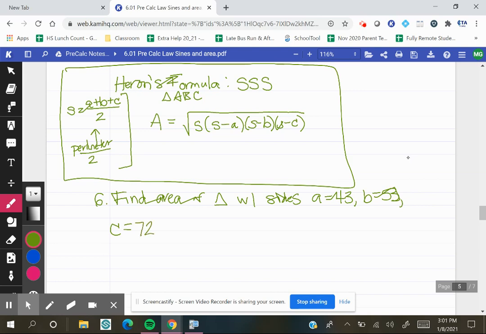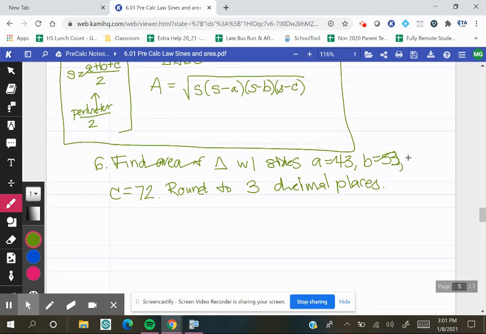And C is 72. And let's round to 3 decimal places. Okay, so first let's find our perimeter and divide that by 2.